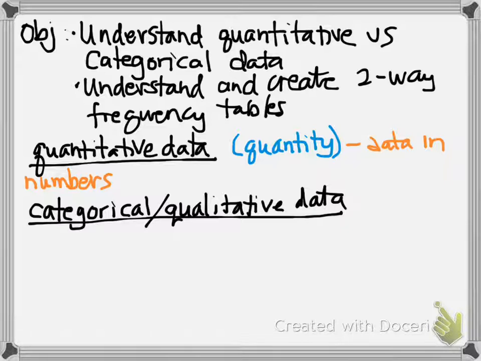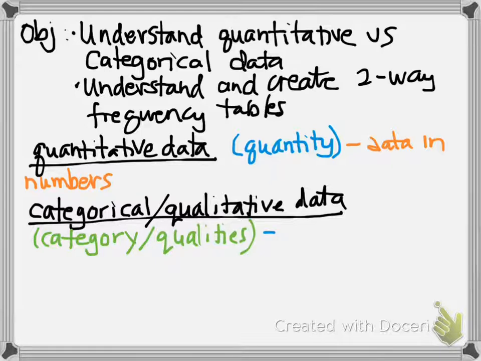Categorical sounds like categories. And qualitative sounds like qualities. Qualities, or you could think of characteristics. These are not represented by numbers, right? These are words, okay?